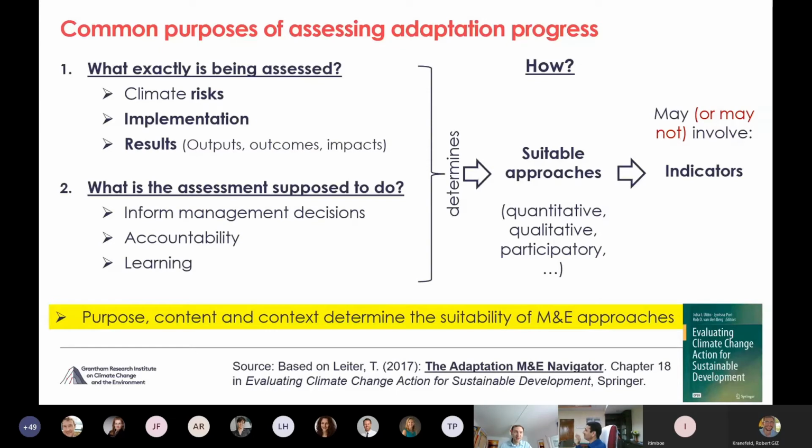And as you can see on the right part of the slide, indicators are only one part of these methods or approaches. There are even some M&E approaches which do not use indicators, as you will see later on. So the first key message from this slide is, if you speak about assessing adaptation or resilience in the water sector, specify what exactly is being assessed and what this assessment is done for. Next slide, please.